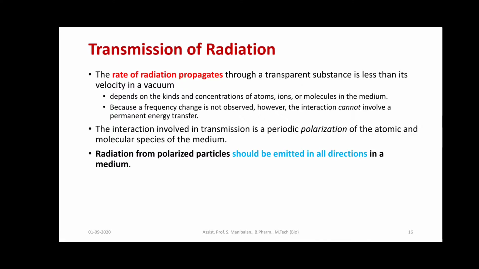That is the point. It depends on the concentration of atoms, ions and molecules in the medium, maybe atmosphere, water, air, glass and so on. The velocity of light gets slower because of the atoms.